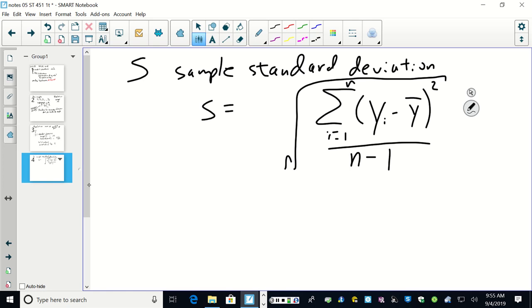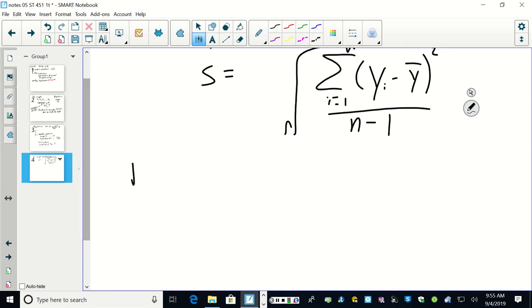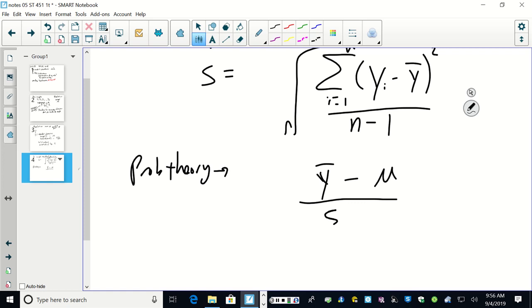Now it turns out that these estimates from probability theory say that if you take our average and subtract the mean, since the average of this one in different repeated samples should be the population average, this should be 0 on average, right? And divide it by its estimate of the standard deviation. This thing is called a t statistic.